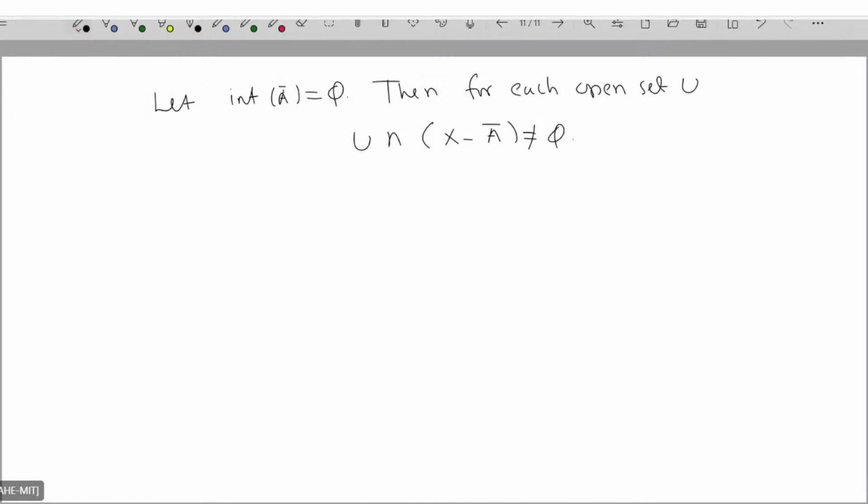Next statement: A is nowhere dense if and only if A closure is nowhere dense. Why is it so?